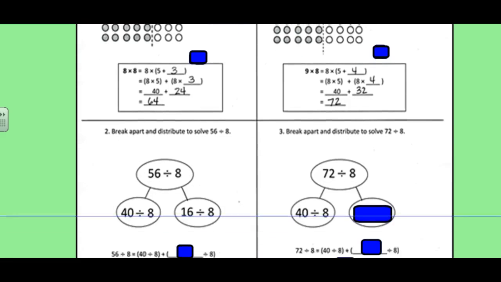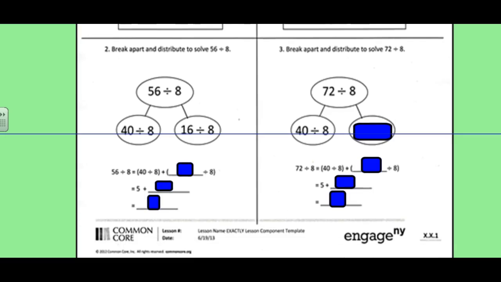Okay, moving on to the distributive property, but doing it with division. This first one, they already did the number bond for you. Now you just have to write down the equations and solve them. So they took 56 divided by 8 and they broke it apart into 40 divided by 8 and 16 divided by 8.